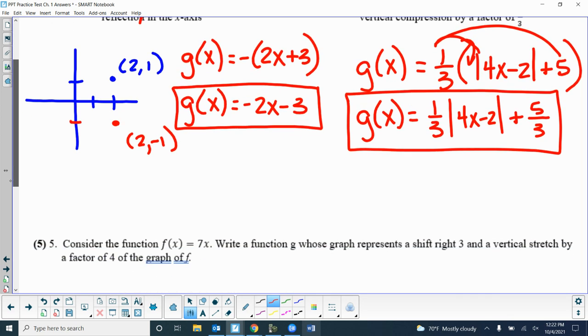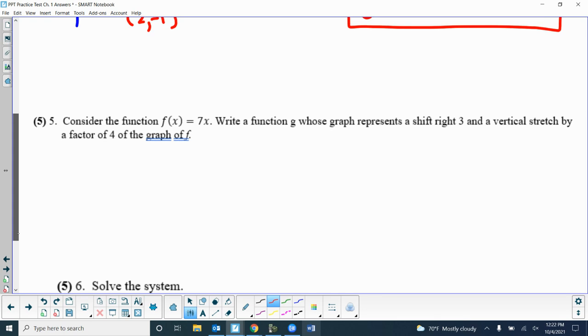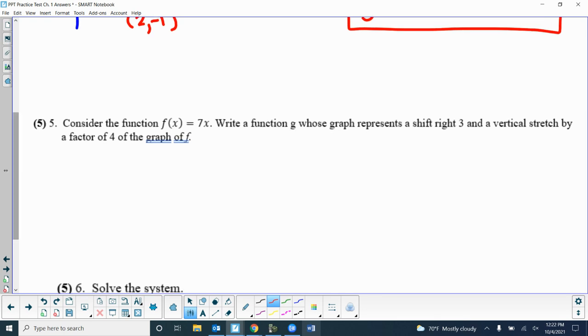All right, number 6, or number 5. That was number 4. Number 5, we have two transformations. We're going to shift right, and then a vertical stretch by 4. Okay?